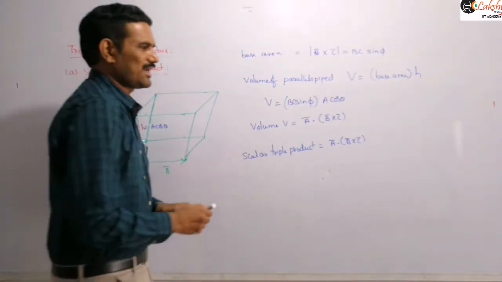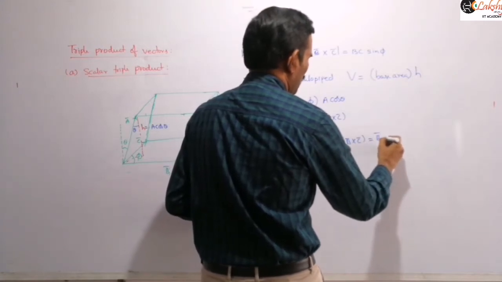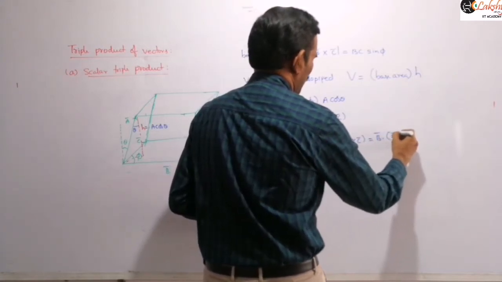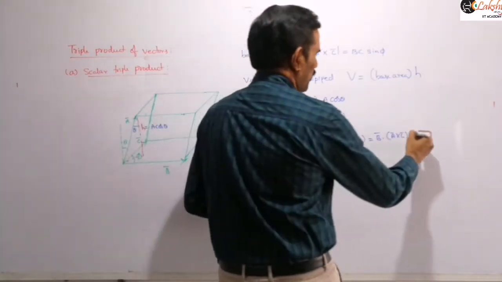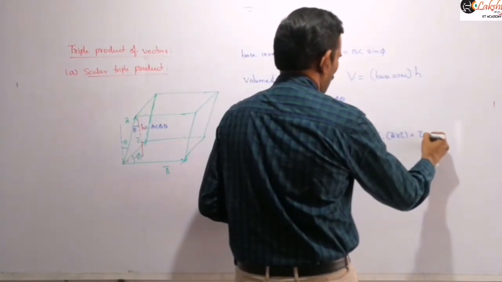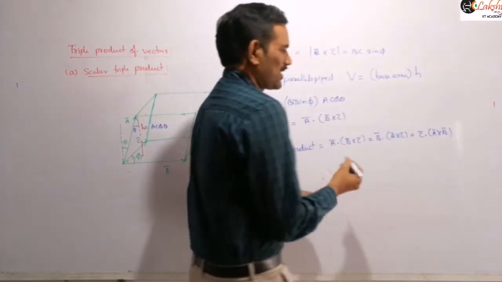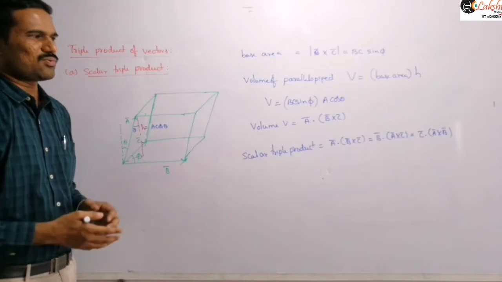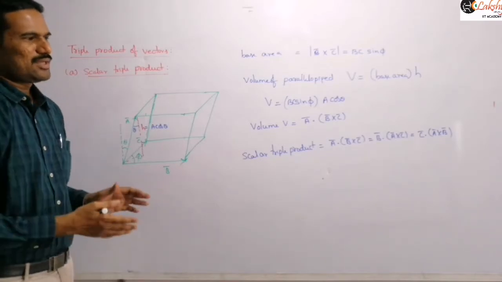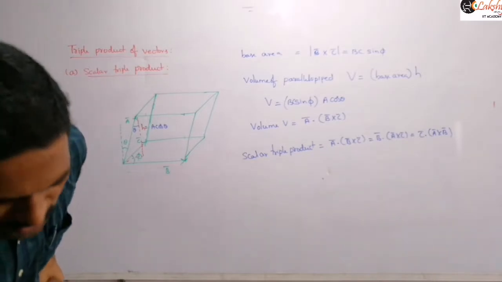That means you can also write this as B bar dot A bar cross C bar, or you can write this as C bar dot A bar cross B bar. So like that you can write it in any order here because finally we are going to get that scalar quantity, right? And so that is a scalar triple product of those vectors.